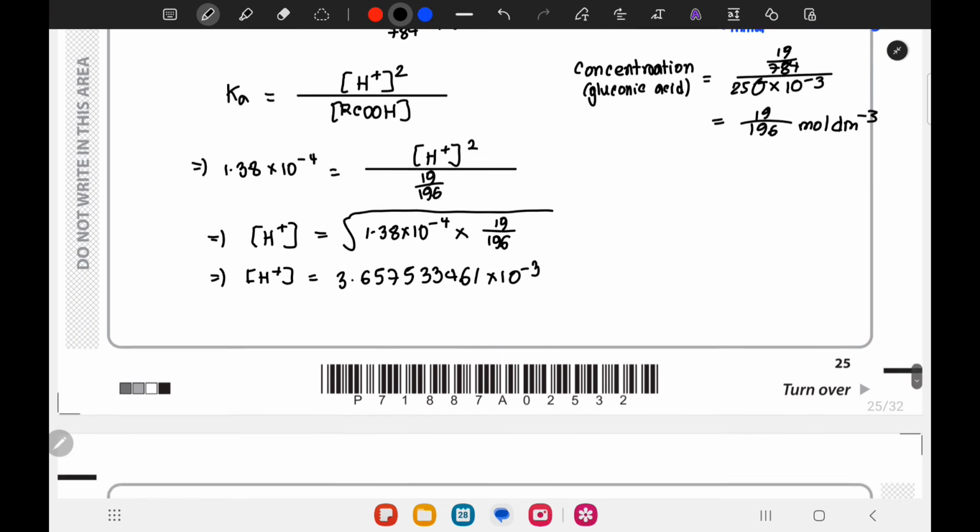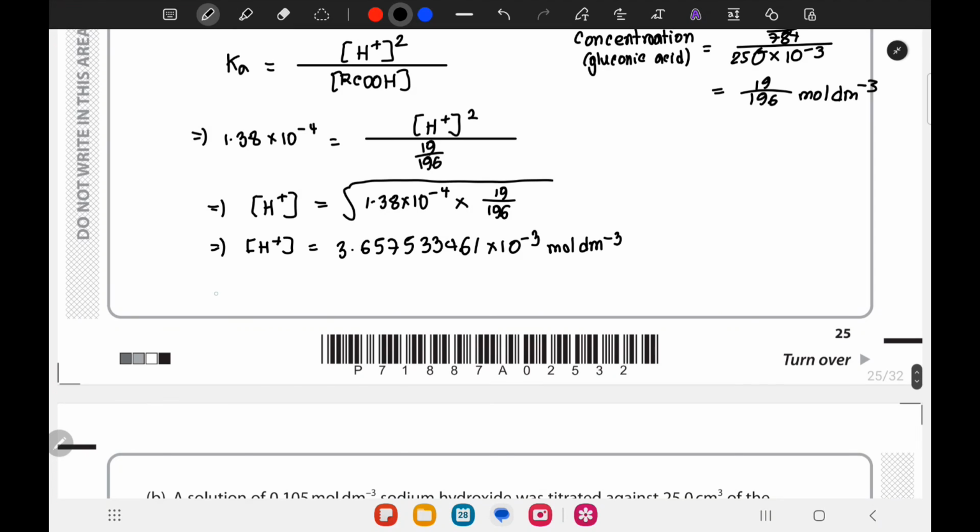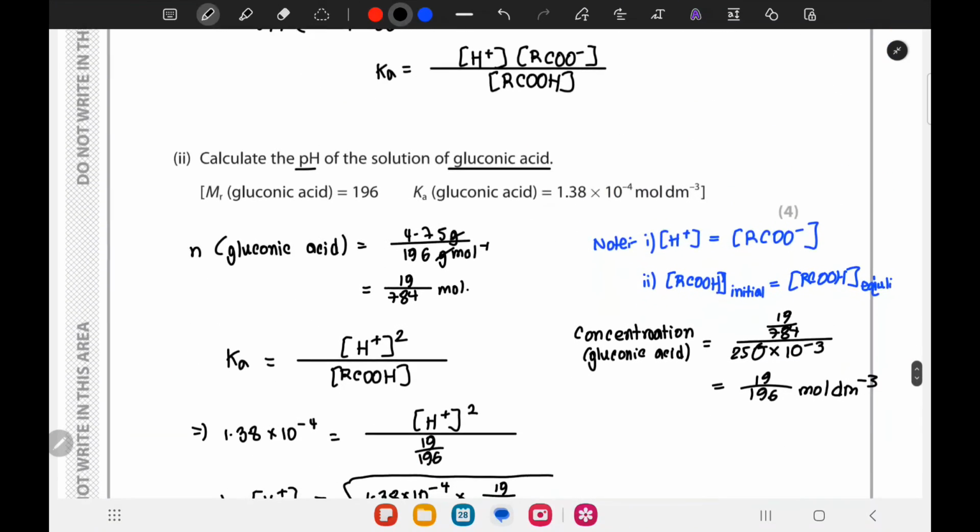You can work with fewer significant figures. This is the concentration of H plus ions. From here, I can find the pH just by placing this value in the log base 10 of this value. If I do this, I'll get a value of 2.44. This is the pH that we are wanting.